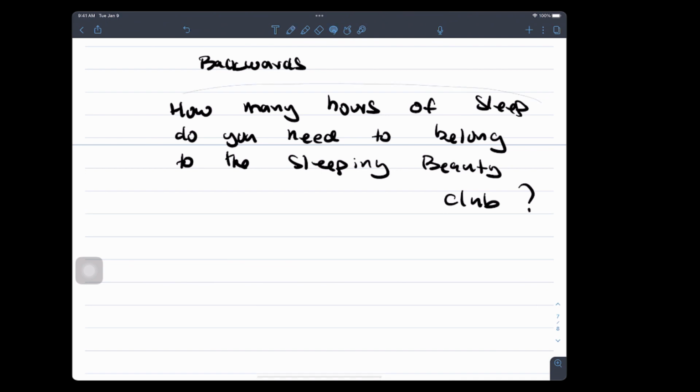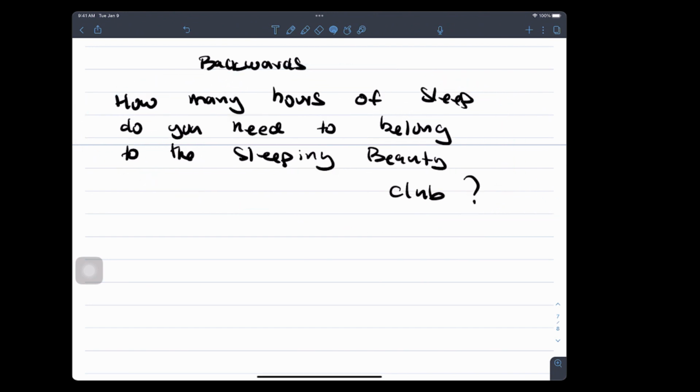Do we have any sleeping beauties in the room? You guys know what I mean? You're a sleeping beauty. You guys even know what that is? Who's a sleeping beauty in the room? Anybody? We got one.